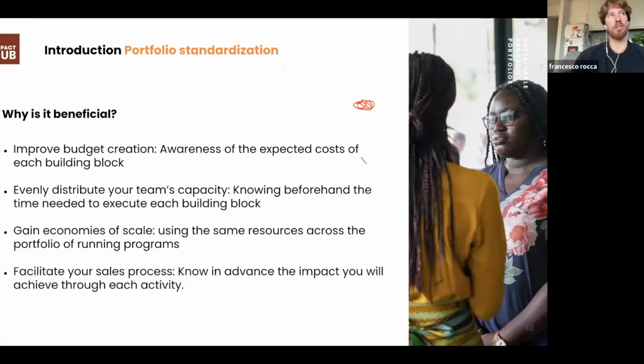The second need was to make sure that when you start to have 10, 20 programs, you are very good at allocating the time of the project manager, because you don't want a phase of the year where everyone is sitting around waiting for something to happen, or phases where everyone is overloaded with work.